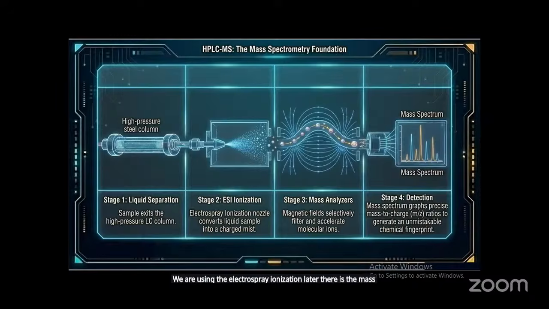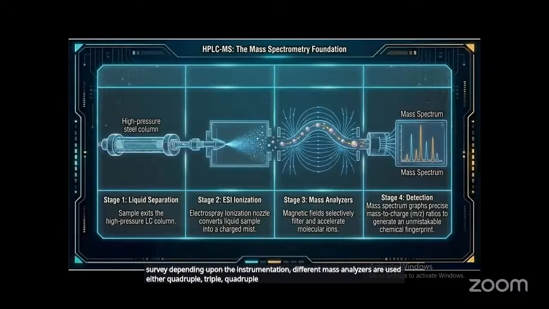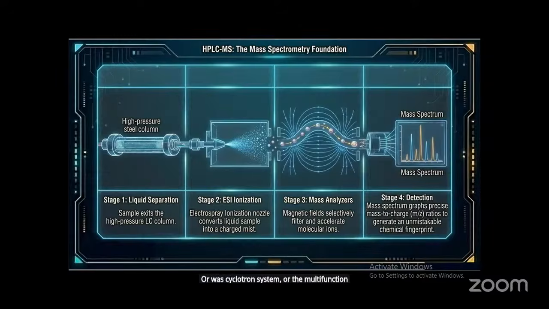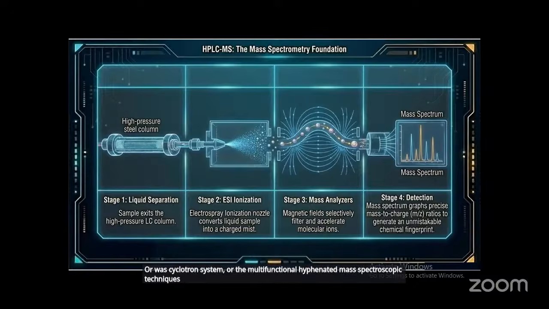Depending upon the instrumentation, different mass analyzers are used: quadrupole, triple quadrupole, ion trapping system, or cyclotron system, or multifunctional hyphenated mass spectroscopic techniques like time of flight and quadrupole, where magnetic fields selectively filter and accelerate the molecular ions.